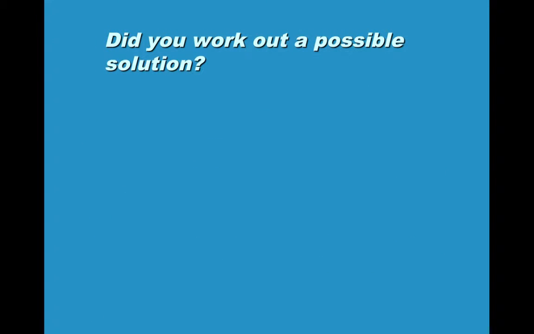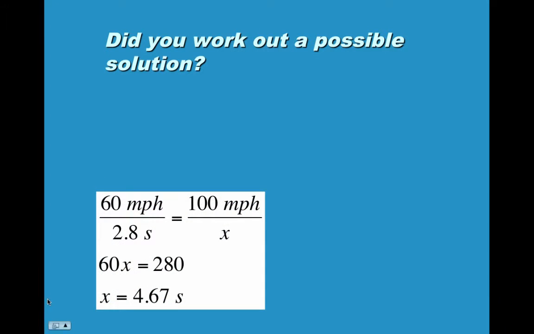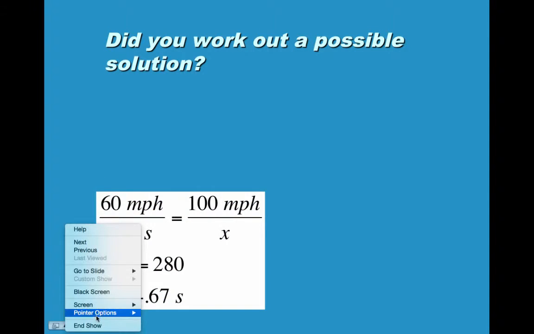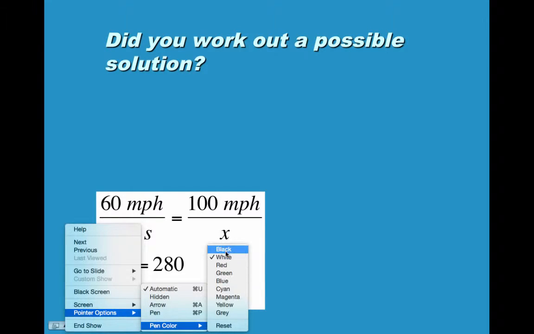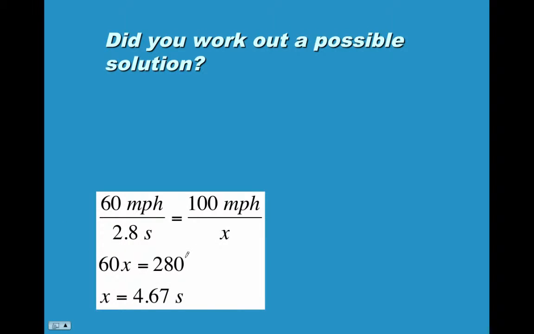Alright, did you work out a possible solution? Let's see what this might look like. There's two parts to this problem. Here's the first. Now I'm going to use a proportion as a tool again here. So using our acceleration as a ratio, 60 miles per hour in 2.8 seconds. If we were to redesign the ride to accelerate to 100 miles per hour, how long would that take?